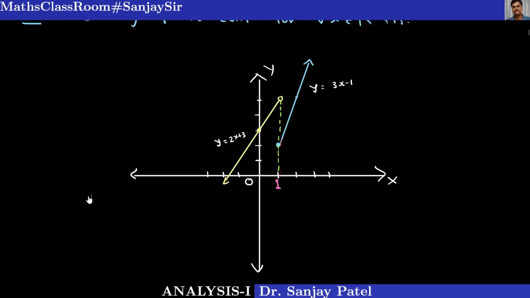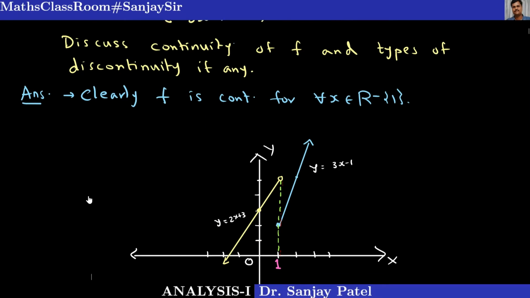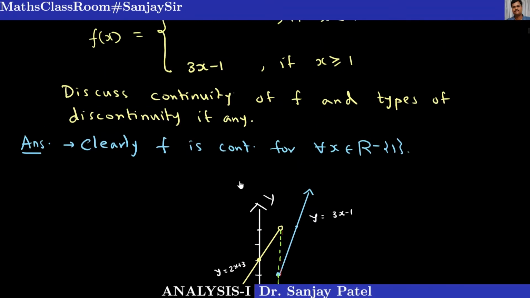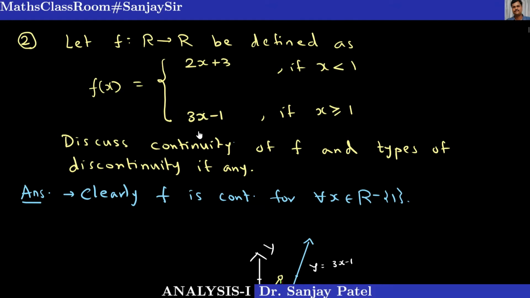This is the graph of this function. For 2x plus 3 it is a straight line, 3x minus 1 is also a straight line, and when x equal to 1, the value of the function is given by the second formula or second expression, that is 3x minus 1. So 3 into 1 minus 1, so 2.